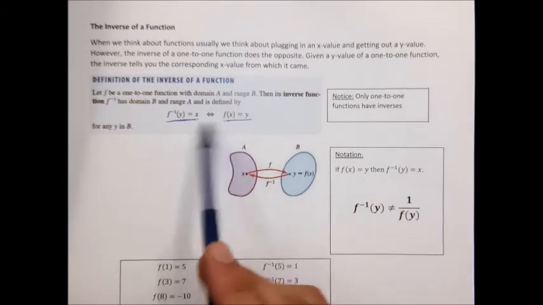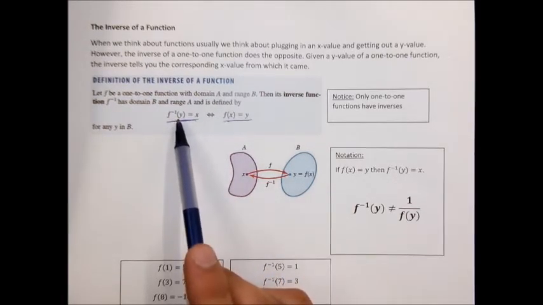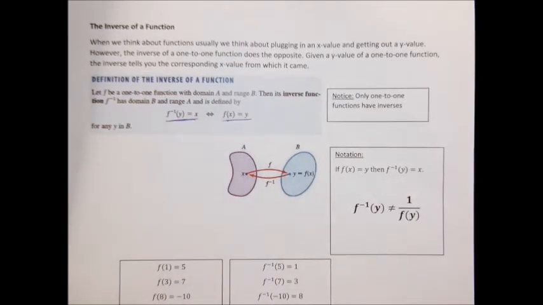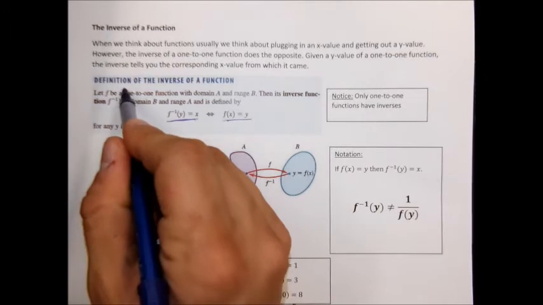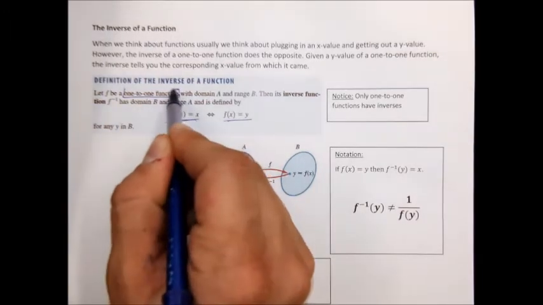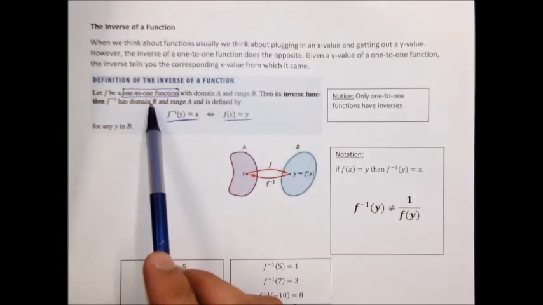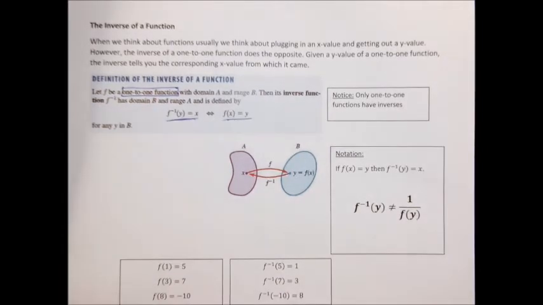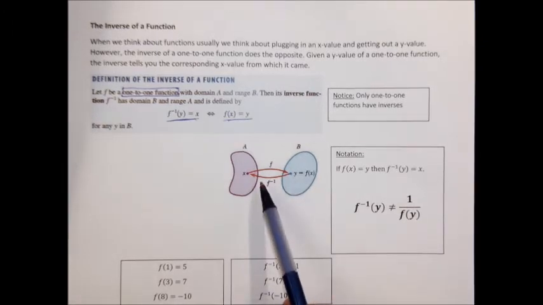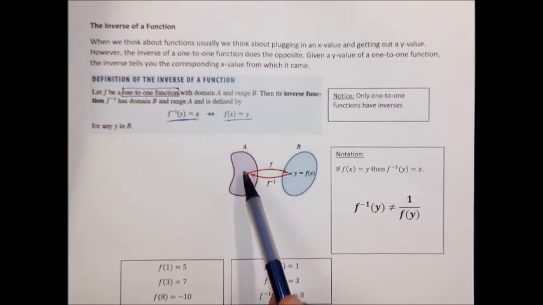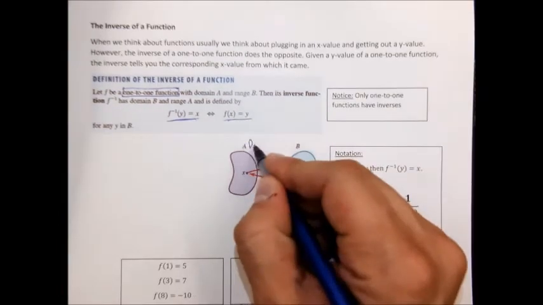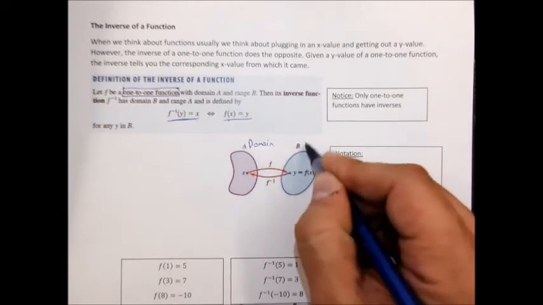But if we're going to send the y values back to the x values they came from, we need to only have one x value that it came from. And so that's why we need to have a one-to-one function. And so only one-to-one functions have inverses because of that reason. If we want to send the y value back to the x, there can only be one x that it came from. And that's what's being shown in this picture here. So if A is the domain and B is the range, right?